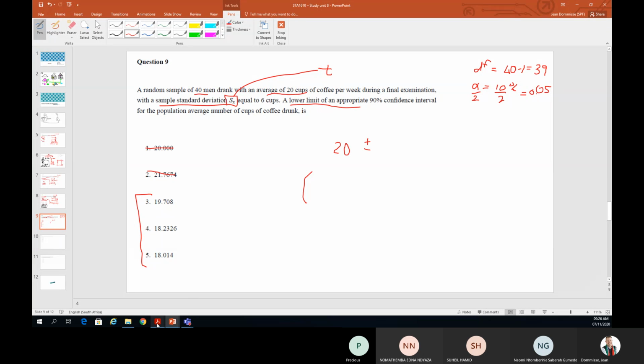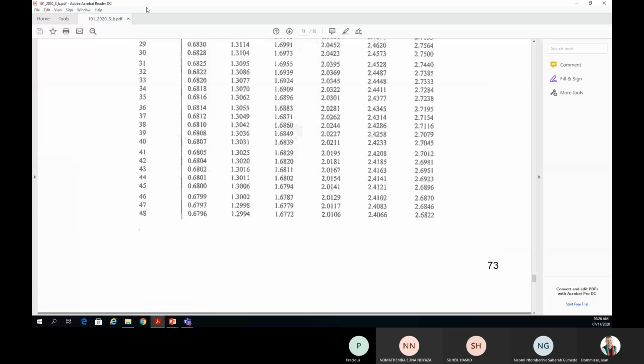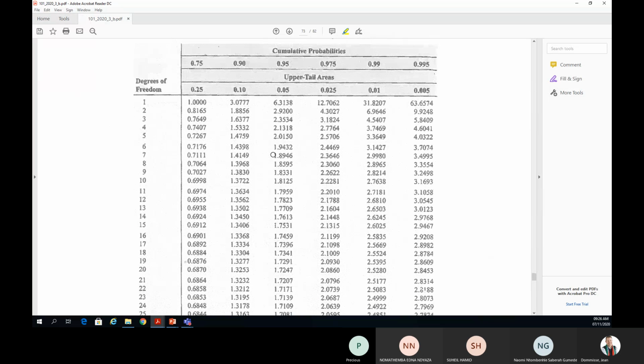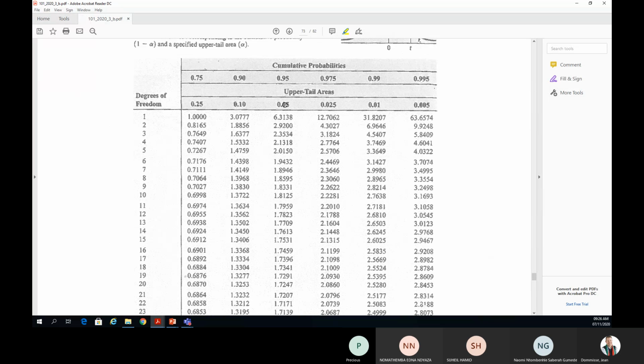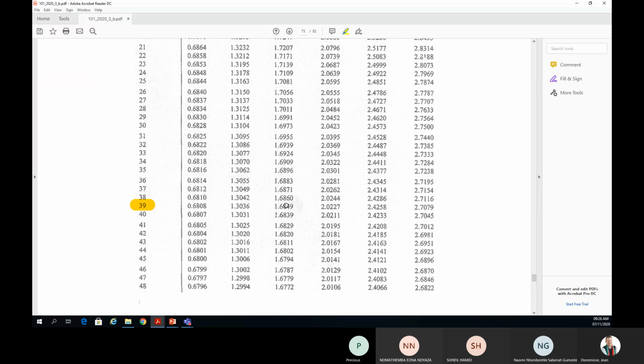Okay, so let's go back to my table. So degrees of freedom of 39. And we worked with a confidence of 0.05 because it was the 0.1 divided by 2. And then if we go down to 95, we have the T as 1.6849.